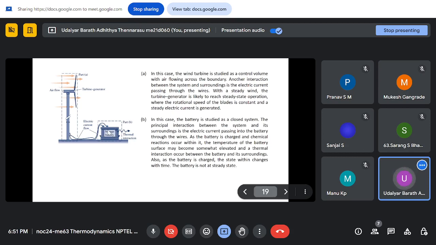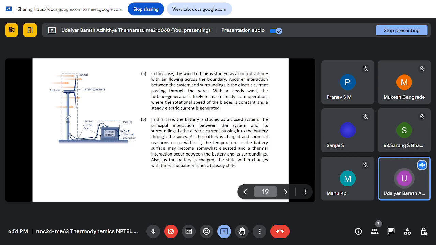In the process, there will be some heat which is generated because of the chemical reaction happening inside the battery. That heat will be rejected to the ambient. So there will be some thermal interaction. So that is another part of the interaction which can happen. So these are the two.